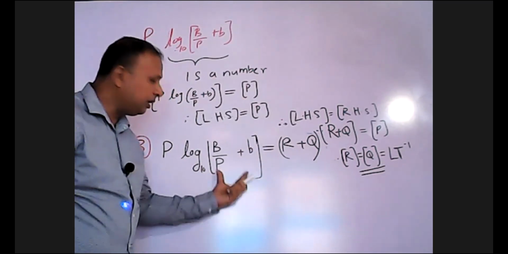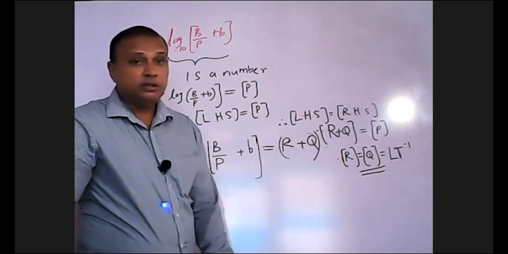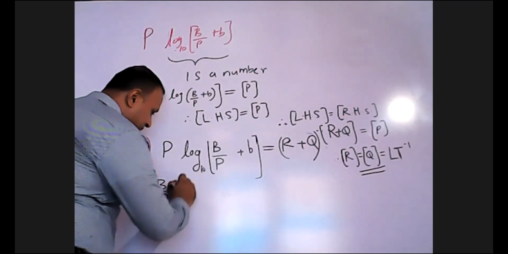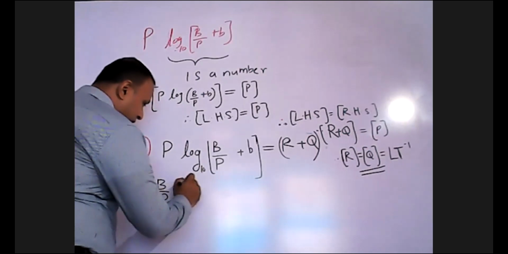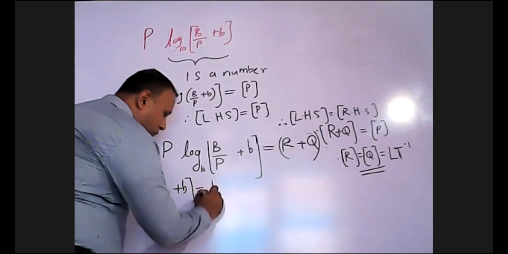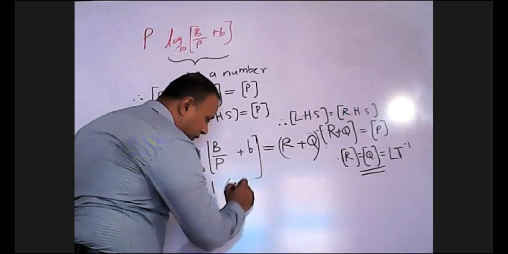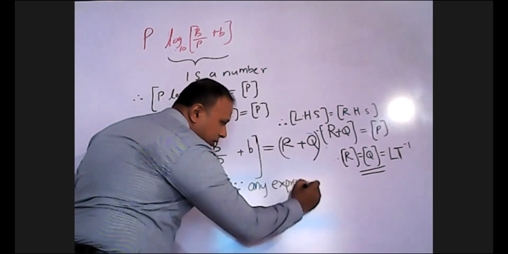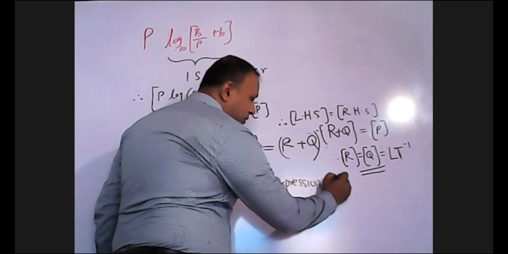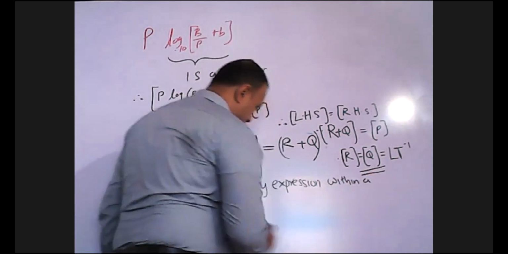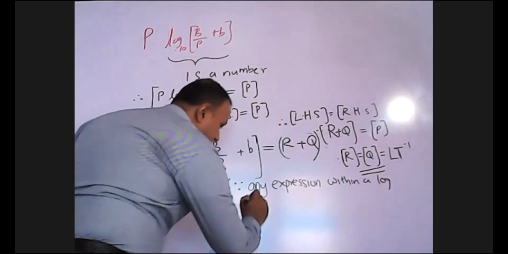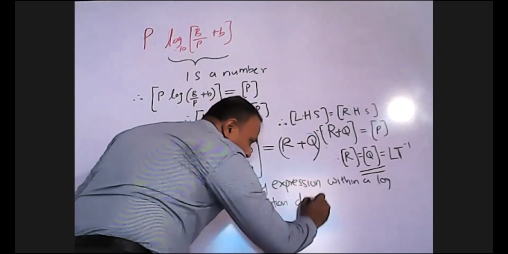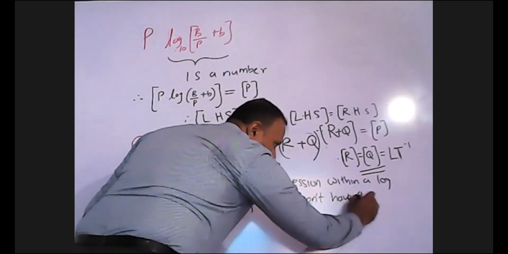Therefore, B over P plus B, its dimension is equal to 1, because any expression within a log function doesn't have a dimension.